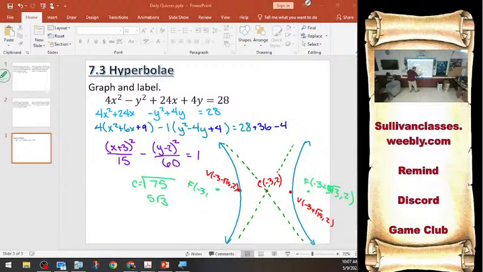Focus at negative 3 minus 5 root of 3, 2. And then next to it somewhere, I've got to write my asymptotes. y minus 2 is plus or minus 2 by x plus 3. Those are parentheses, I swear.